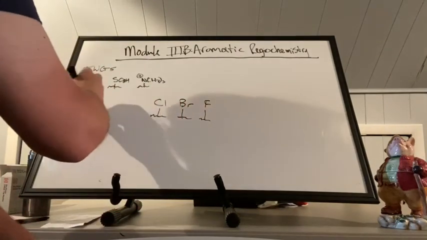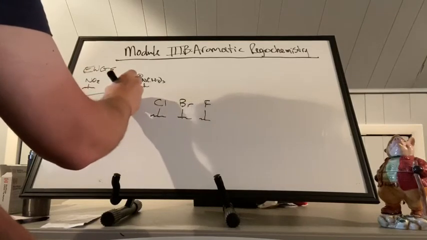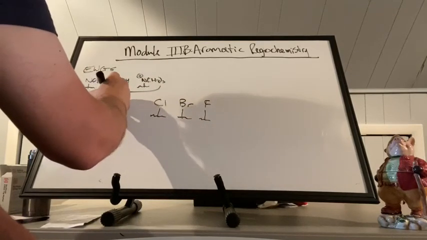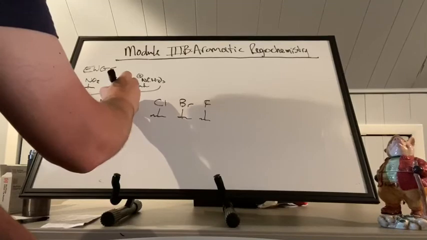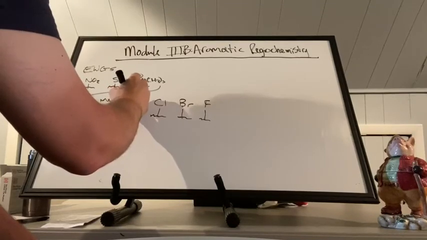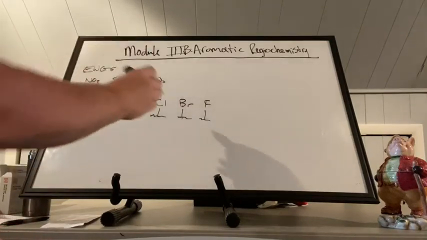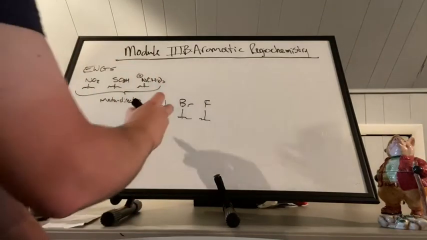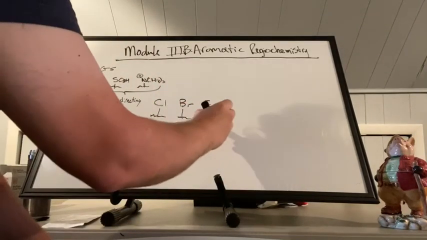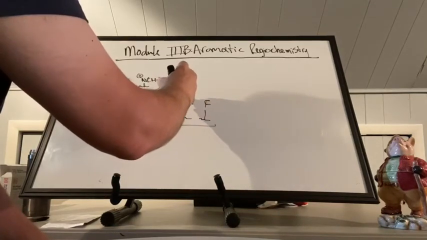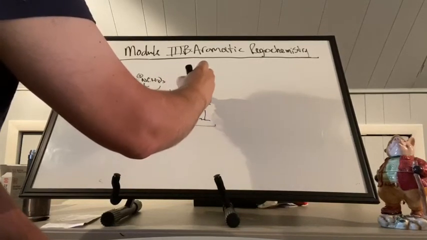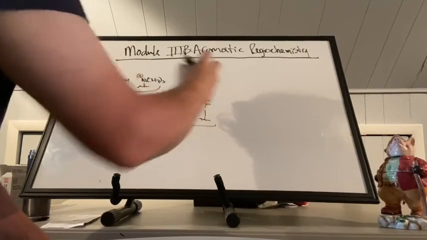So these are meta-directing, and these are ortho-para directing, but weakly electron withdrawing.